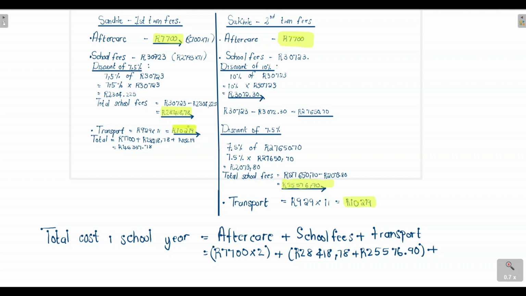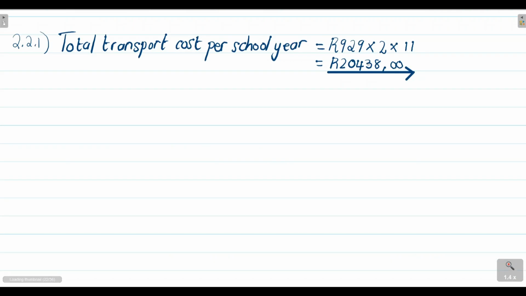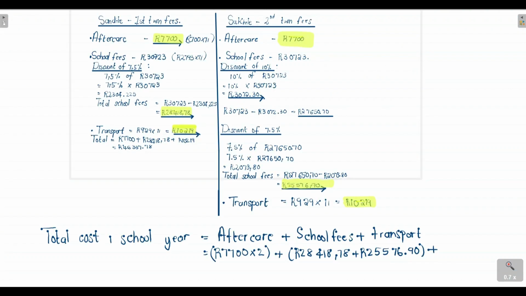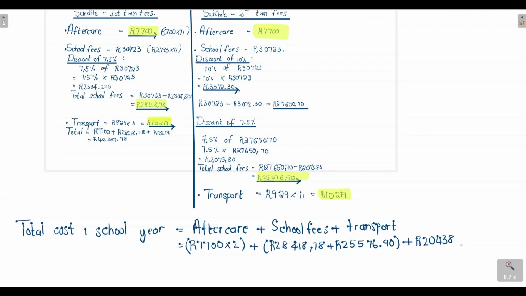So you can just say that 10,219 times 2, or you can just use this figure that we calculated here of 20,438, right? Because you'll still get the same answer. So I'm going to use that figure there. Okay, so if you basically simplify that further, 7,700 times 2 is equal to 15,400 plus 28,418.78 cents plus 25,576 rand and 90 cents.